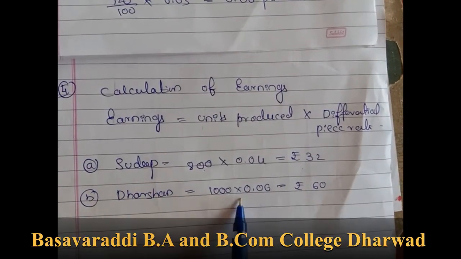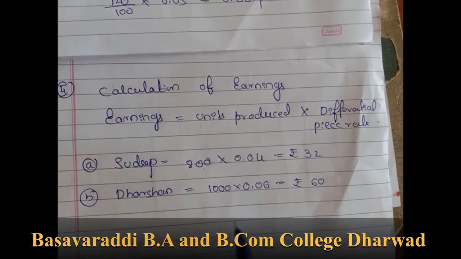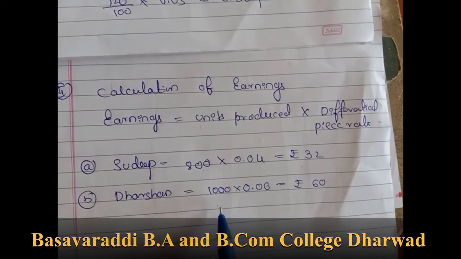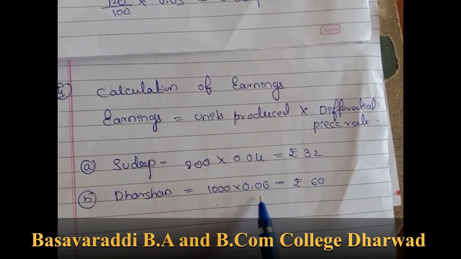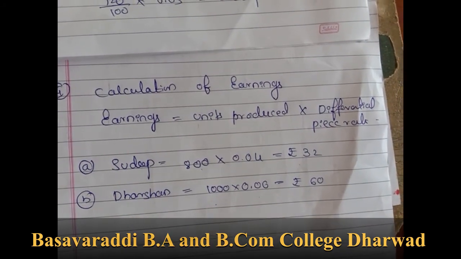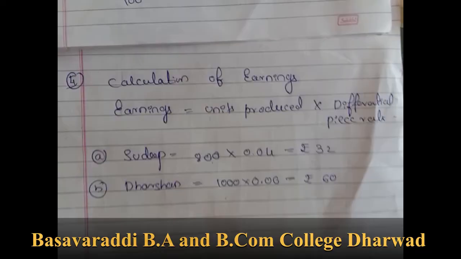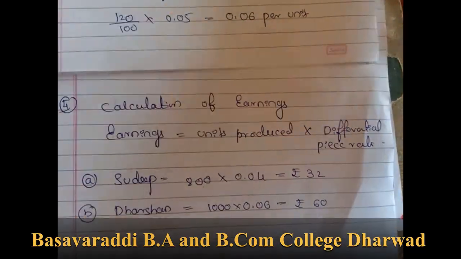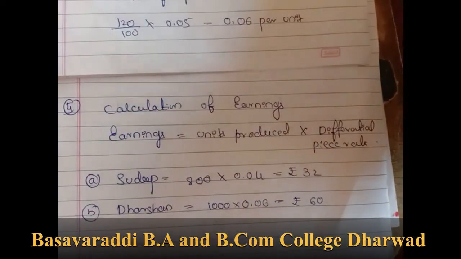Darshan, 1000 into 0.06, because it is more than 960, we have to consider the high piece rate. 1000 into 0.06, rupees 60, is the earnings. I hope you understood the problem based on Taylor's differential piece rate.